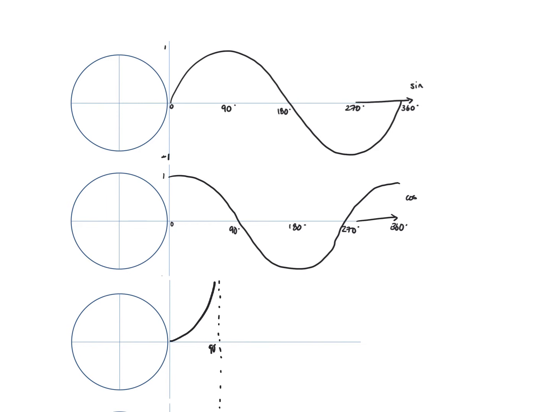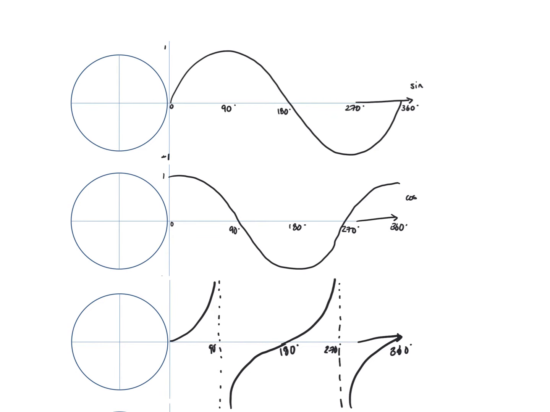Here we have 90, 180, and then we have 360 degrees. We've got our asymptotes as well at 270. And we have no maximum or minimum.